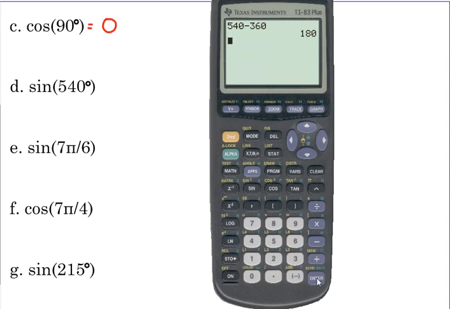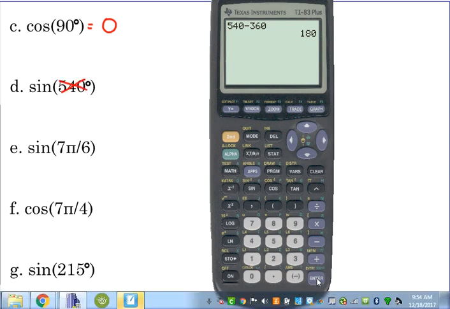So really, this is the same thing as 180 degrees. 540 is just going all the way around 360 and going 180 more degrees. So the sine of 180 is 0.